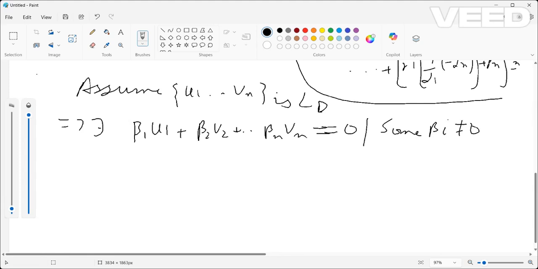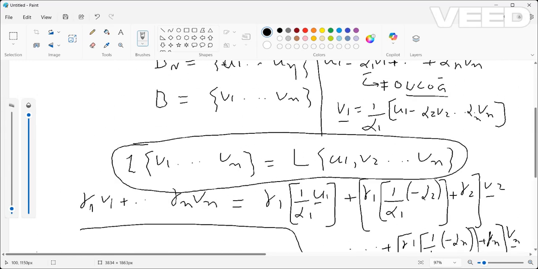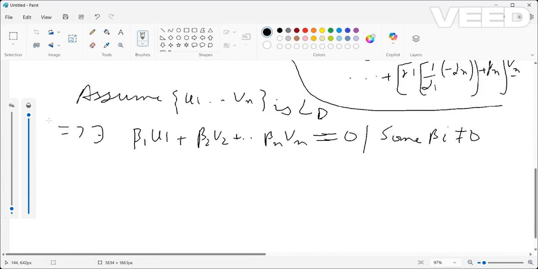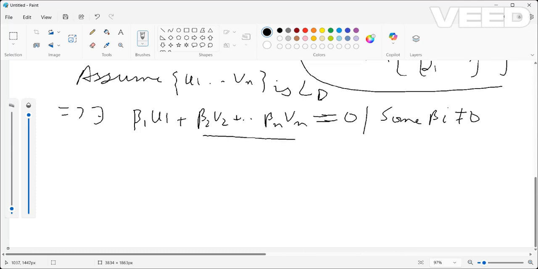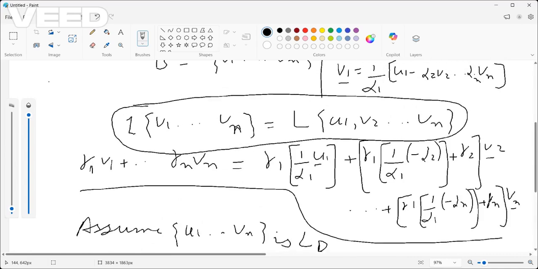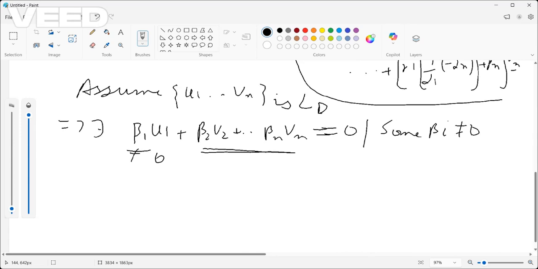Now we started with the fact that v1 to vn was a basis, which means that v2 to vn on its own cannot add up to 0 non-trivially. Which means beta 1 cannot be 0, because if beta 1 is 0, one of the others has to be non-zero, which refutes the fact that v1 to vn is a basis.